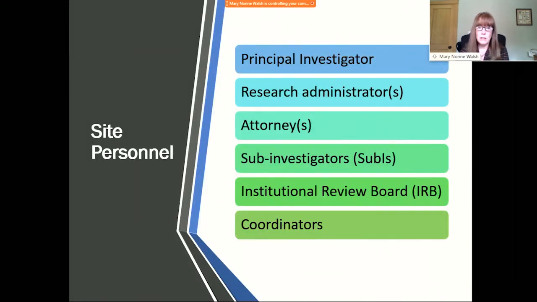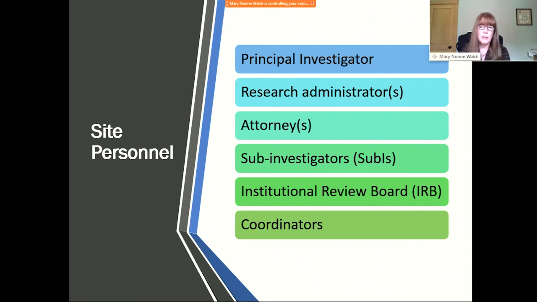So at your site, you will have, let's say you, the principal investigator, you should have a research administrator, some administrator who's going to help you navigate all the contracting, et cetera. You'll have an attorney someplace embedded into this structure whom you can turn to for legal advice at times. And then many of your colleagues can be sub-investigators, people who work with you every day in your field.